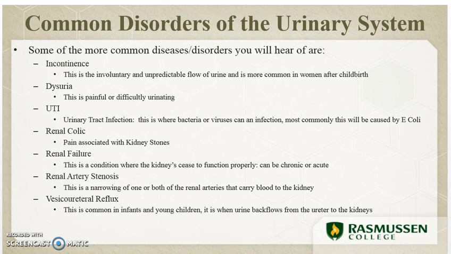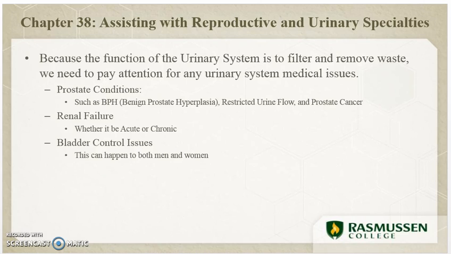Let's move on to chapter 38, which is assisting with the reproductive and urinary specialties. The function of the urinary system is to filter and remove waste products from the blood, help to maintain electrolyte and pH balance, and secrete waste from the body in the form of urine. It also helps to regulate red blood cell production and blood pressure.